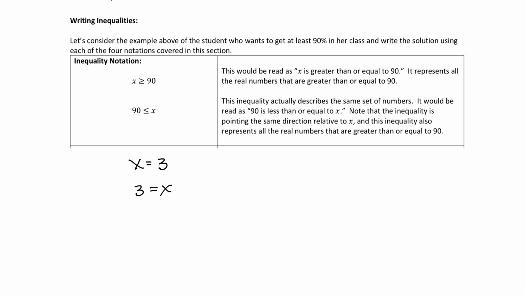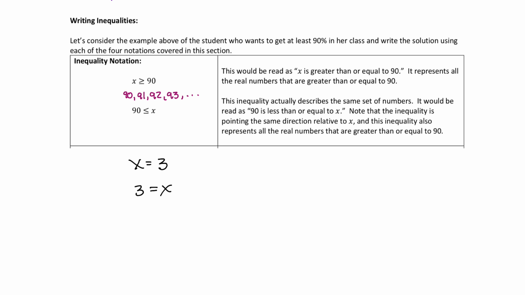Okay, so what does this represent? This says x represents every single number possible as long as it is greater than or equal to 90. So it could be 90. It could be 91. It could be 92. It could be 93, etc., all the way to infinity.